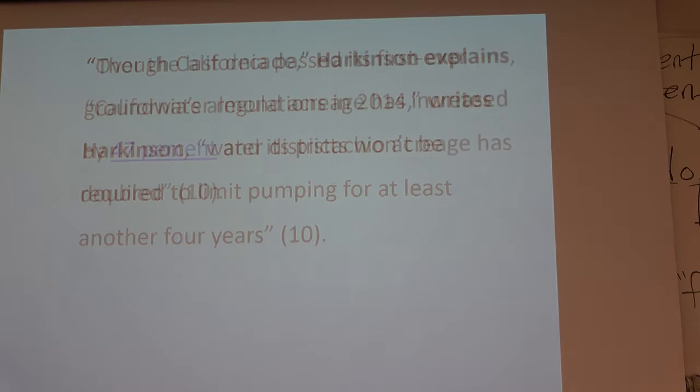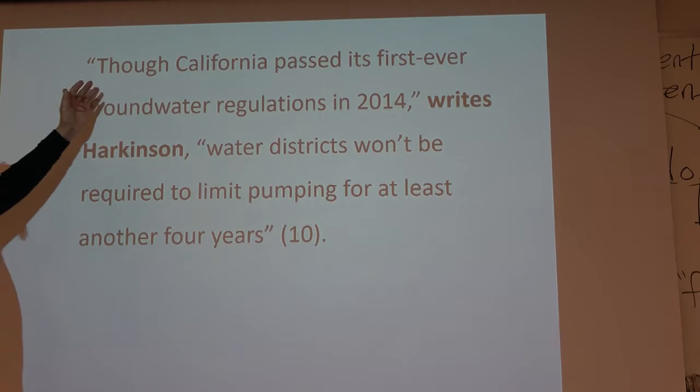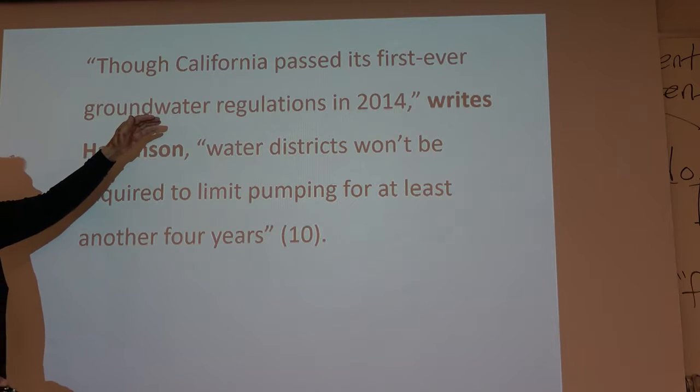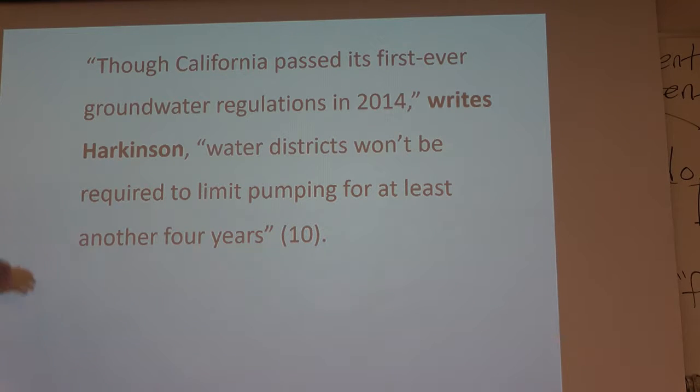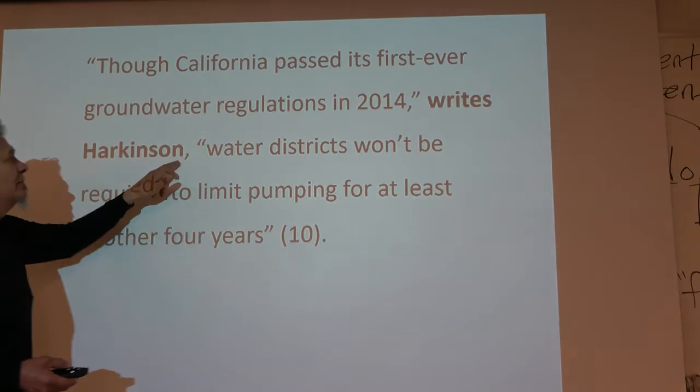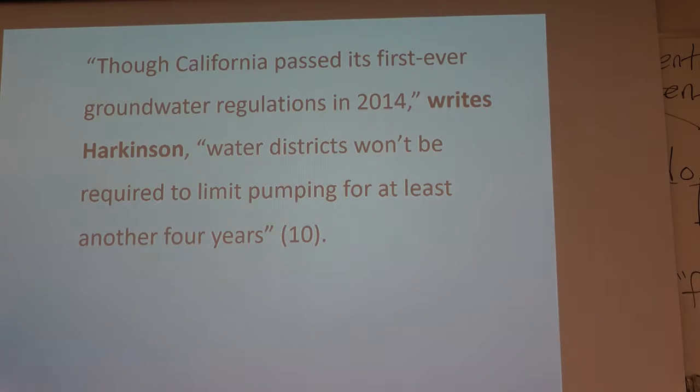Okay? And then it goes right after the attributed word, and then the second part. I have a second example. "Though California passed its first ever groundwater regulations in 2014," writes Harkinson, "water districts won't be required to limit pumping for at least another 4 years." Comma inside, comma here. Page 10.